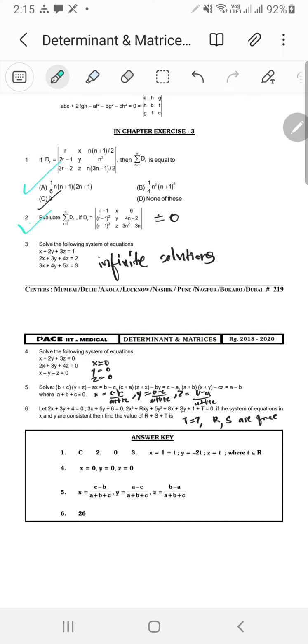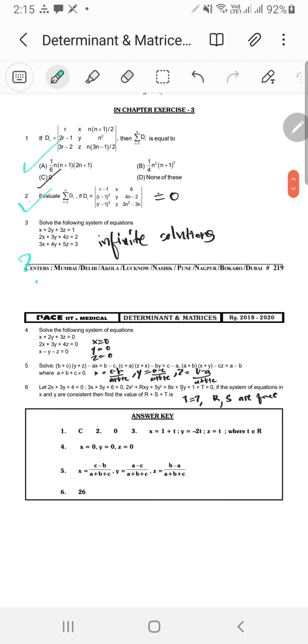Or did you? Whatever. I think this is the correct thing to say. It was correct. Infinite solutions. That's what they're saying in this thing as well. T belongs to real. Fourth, all 0. Yes. Fifth, yes, that's correct. And sixth, I don't know what this is. 26th, whatever. Okay, so that's it.